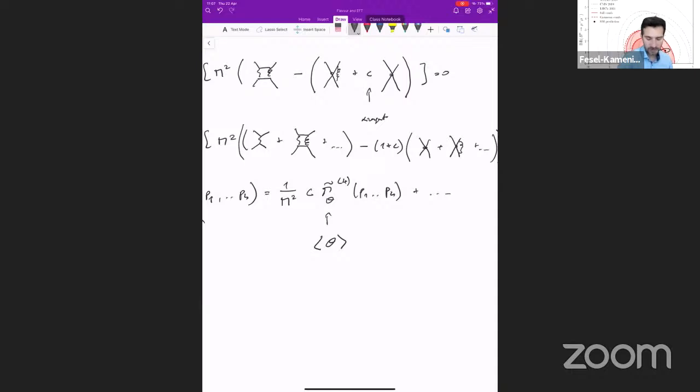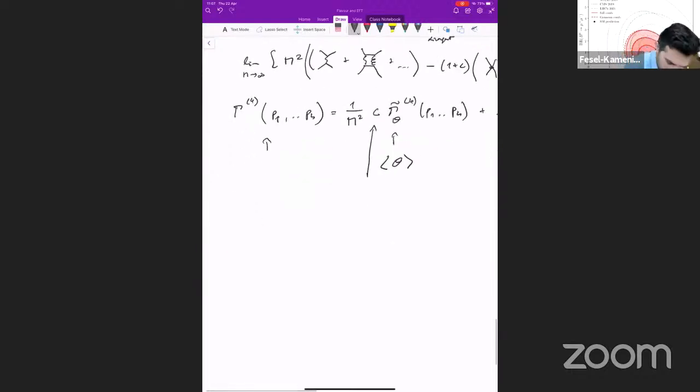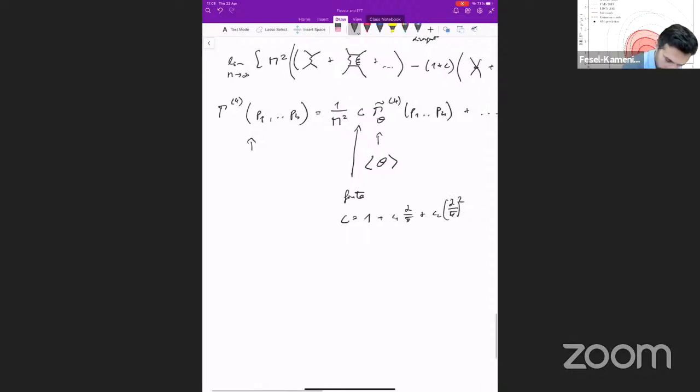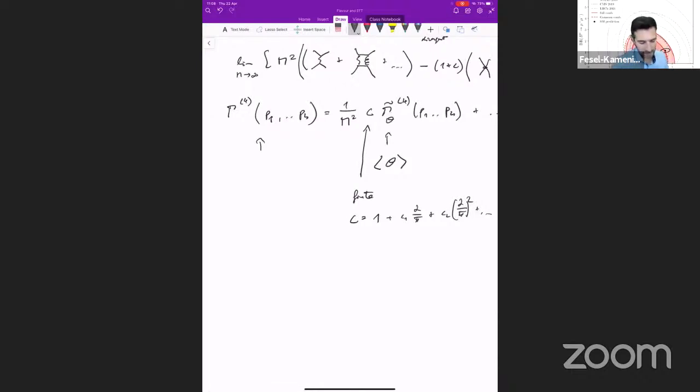In principle, there can be higher orders in the 1 over m expansion. What is important is that this Wilson coefficient, which is here, is finite and can be expanded in the interactions or couplings of the light fields. So it's 1 plus C1 alpha over pi plus C2 alpha over pi squared plus so forth, where alpha is one of the gauge couplings of the light fields, so either electromagnetic or QCD in the standard model.